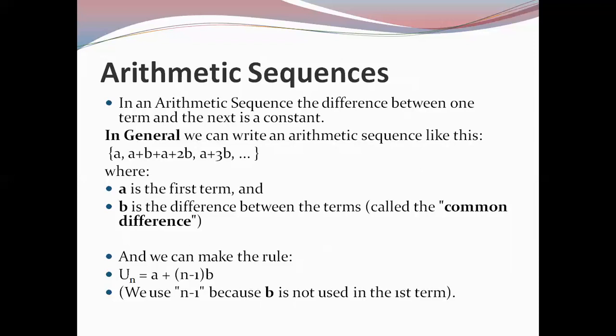And we can make the rule Un equals a plus (n minus 1)b. We use n minus 1 because b is not used in the first term.